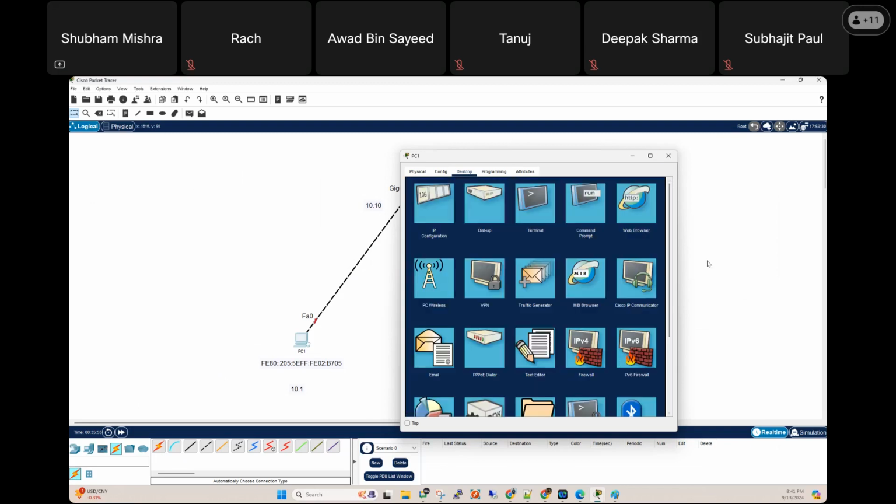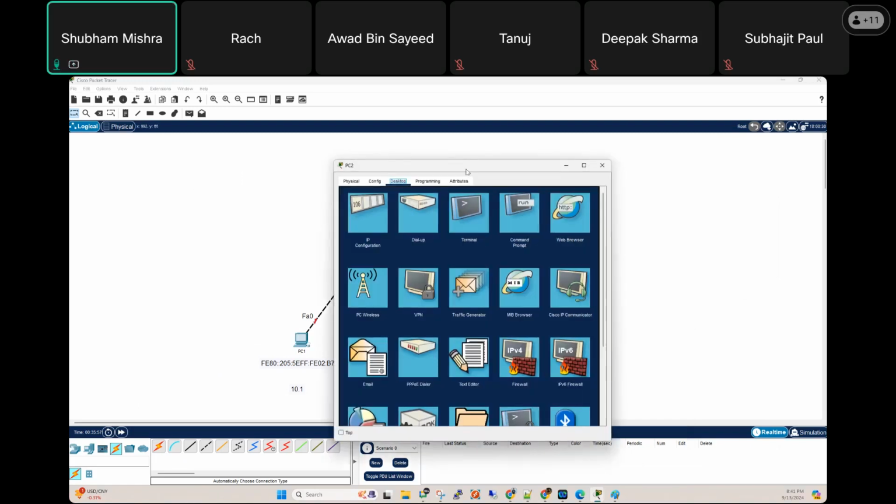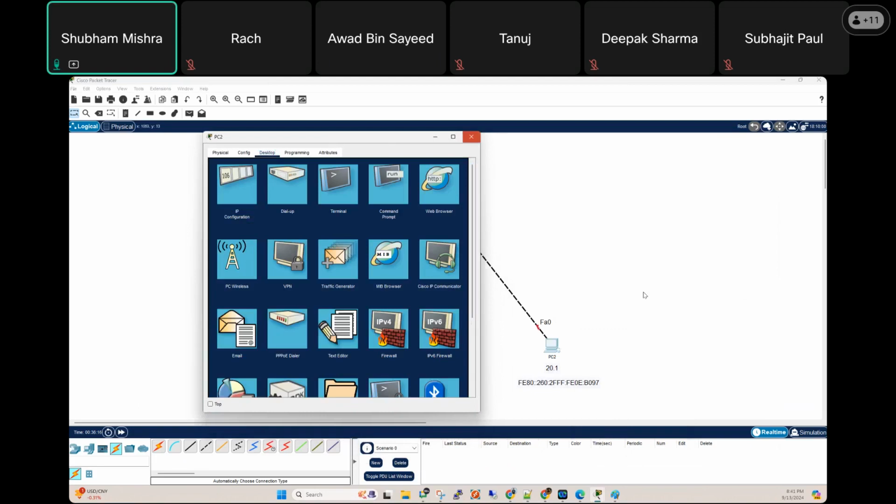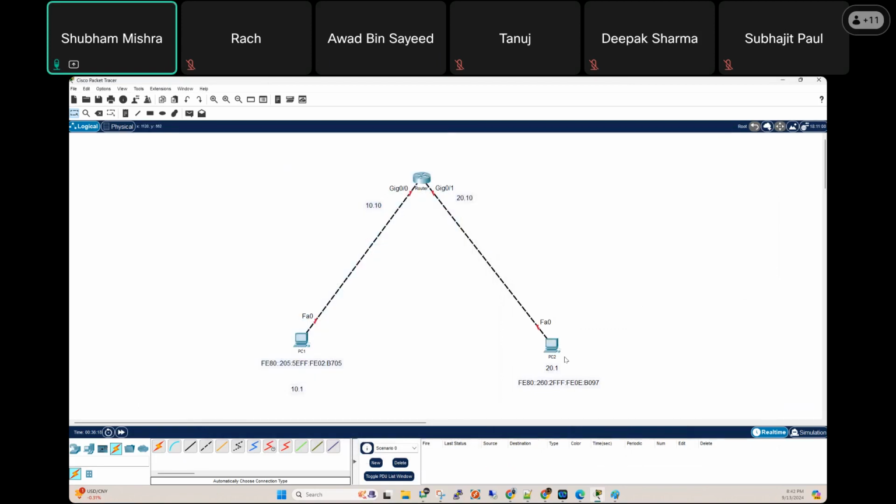Now PC number 2, same thing. The IP address is 20.0.0.1, subnet mask by default, and the default gateway is 20.0.0.10. Clear now, everyone? So I assigned the IP address as well as the default gateway.